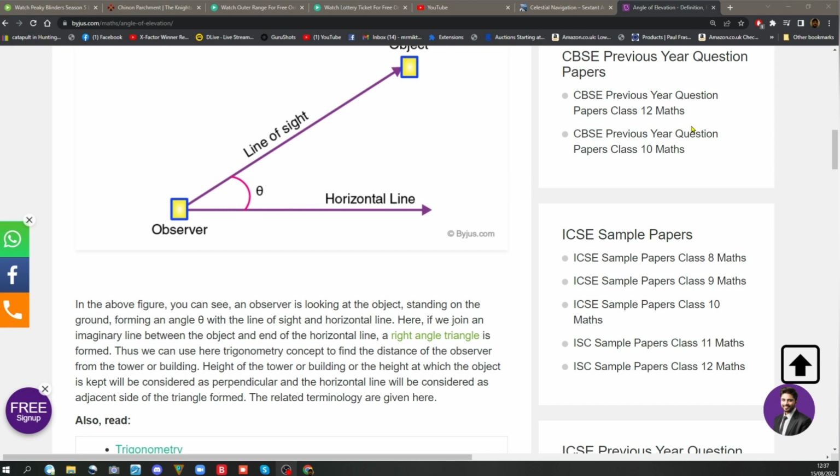Here, if we join an imaginary line between the object and the end of the horizontal line, a right-angled triangle is formed. Thus we can use here trigonometry concept to find the distance of the observer from the tower or building. Height of the tower or building, or the height at which the object is kept, will be considered as perpendicular, and the horizontal line will be considered as adjacent side of the triangle formed.